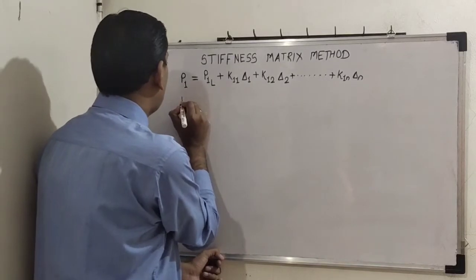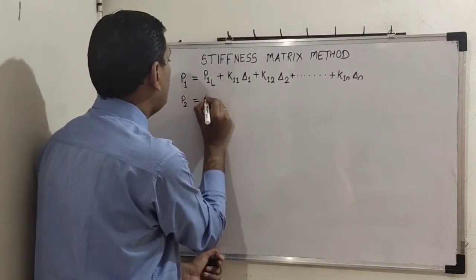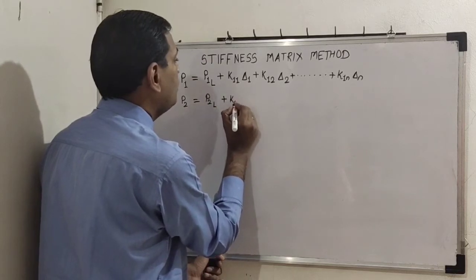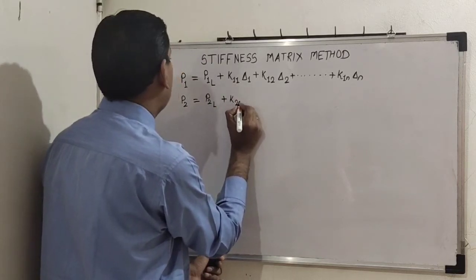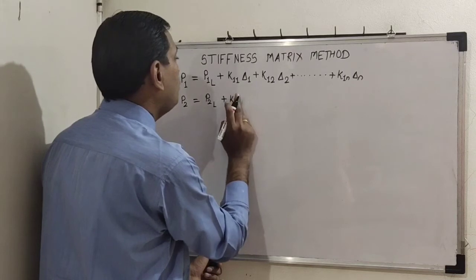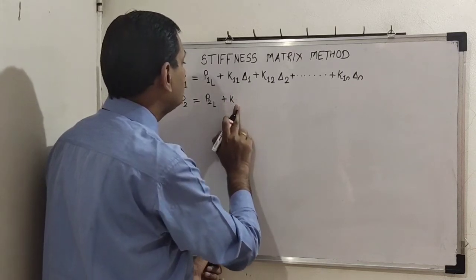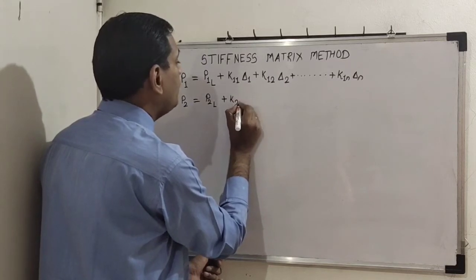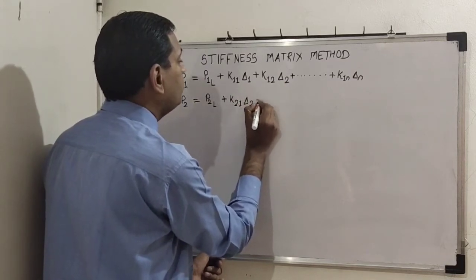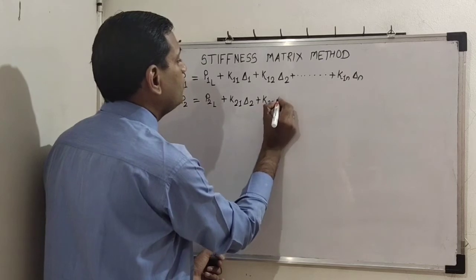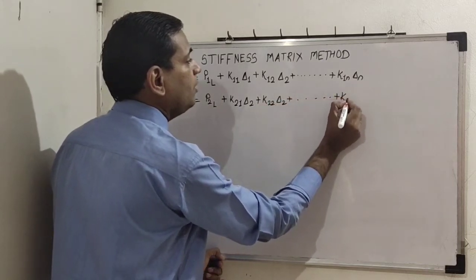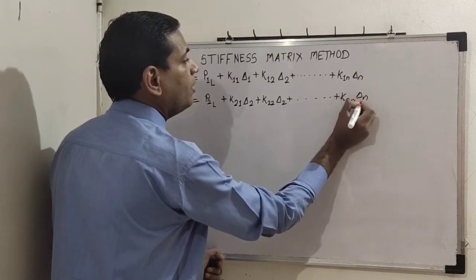Second equation will be formed corresponding to second unknown, P2L plus K21 delta 1 plus K22 delta 2 and so on, up to K2n delta n.